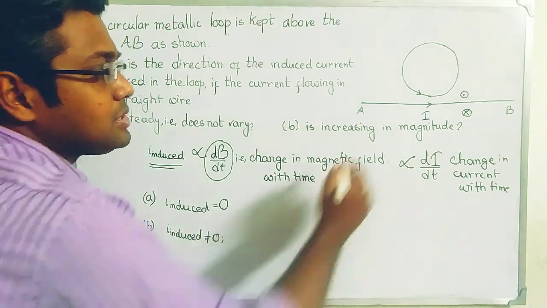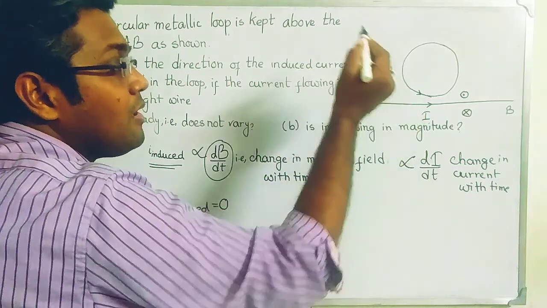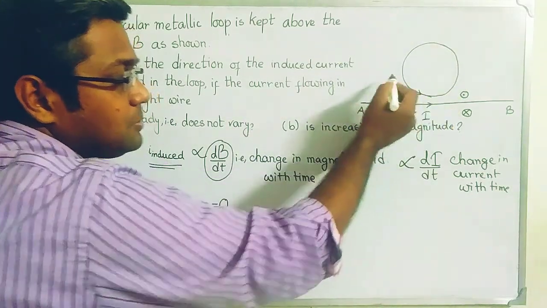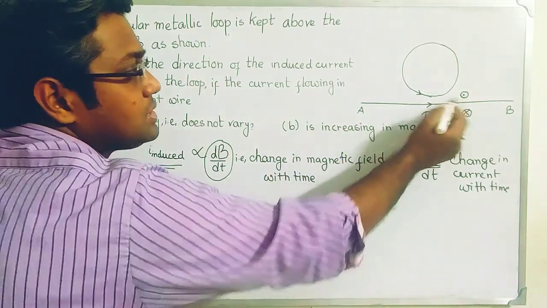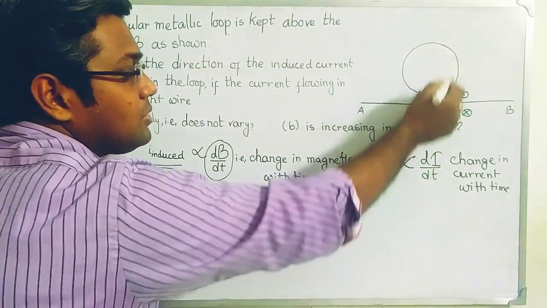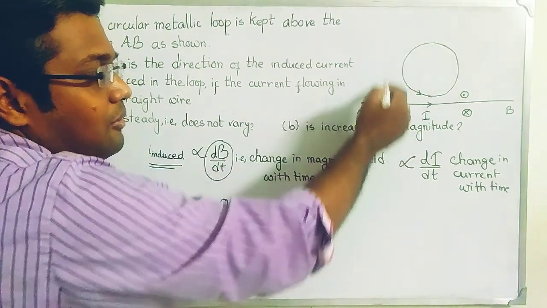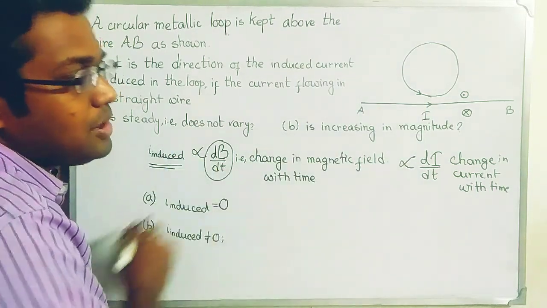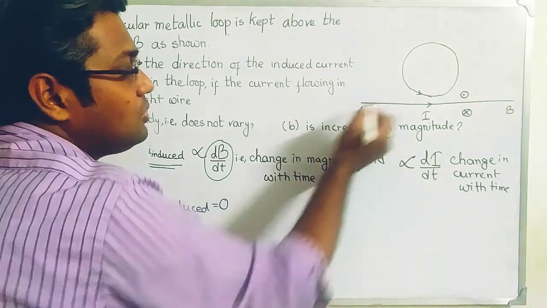Why? Because if I consider the clockwise direction, the magnetic field due to this induced current is also in the upward direction. Both are in the same direction, which is not possible. That's why I have considered the current flow to be in the anti-clockwise direction. So at any point on the wire AB, the magnetic field due to the induced current is in the downward direction.